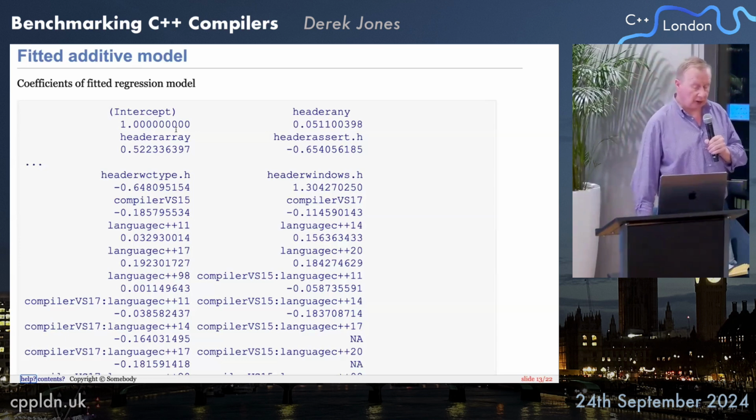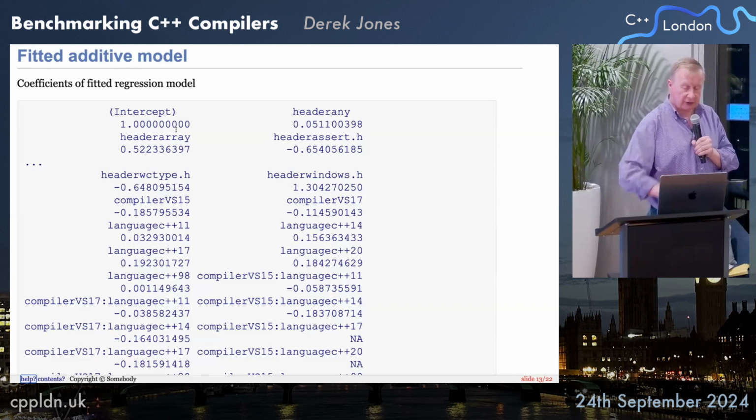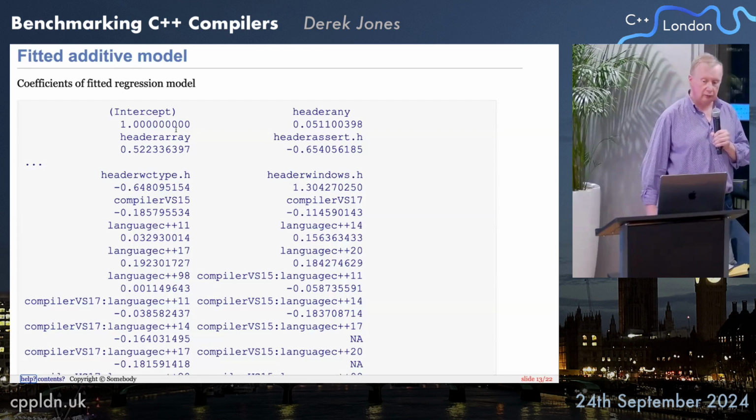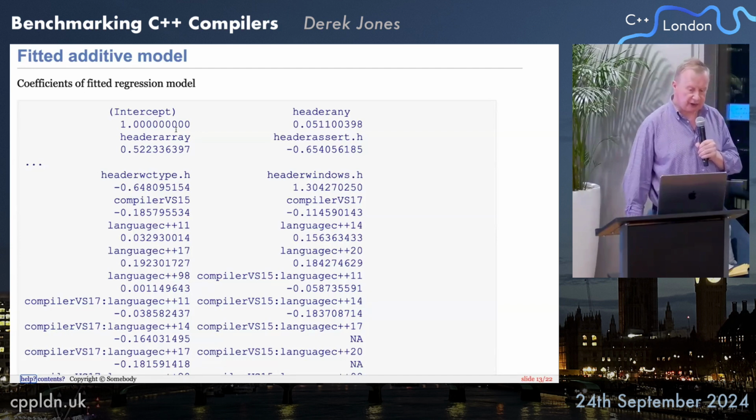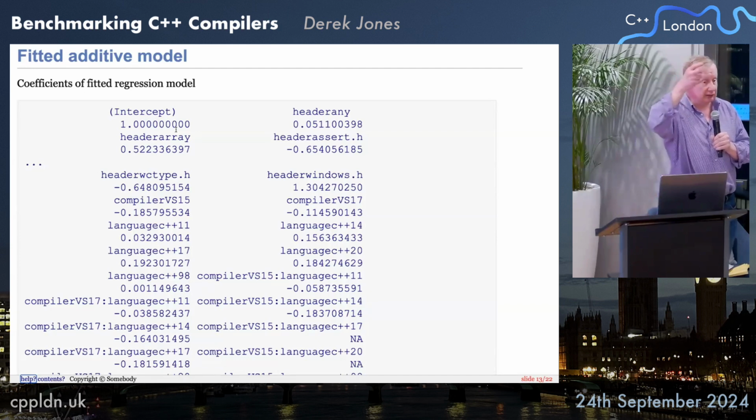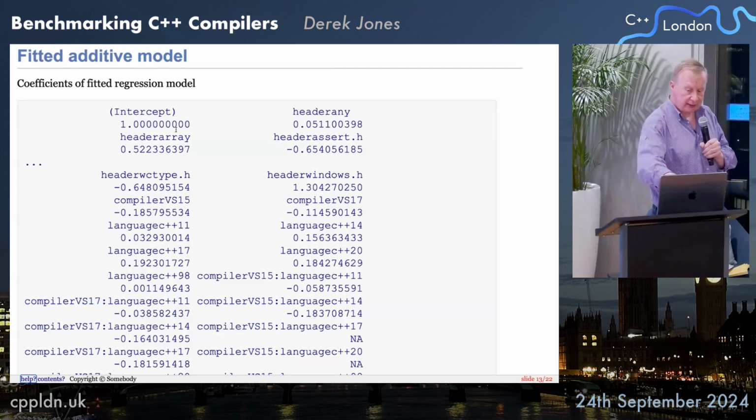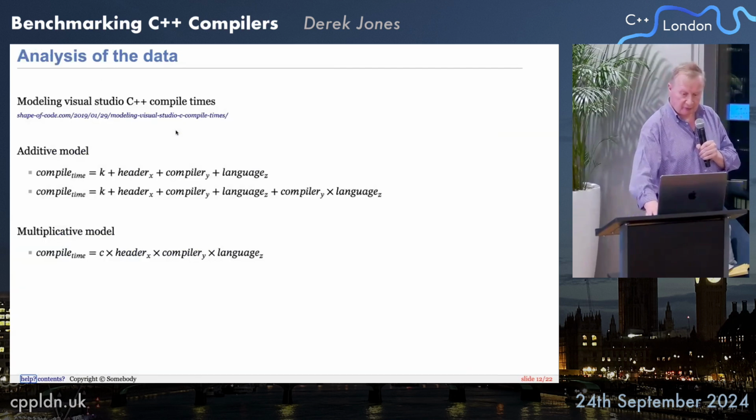This data has been normalized, so that K is a 1. So this is saying, for instance, if we look across, that header assert contributes minus 0.65. Header WC type is normalized around 0, it's balanced around 0. So header windows contributes 1.3 to that sum when we're adding up that header X, you'd add the numbers up.